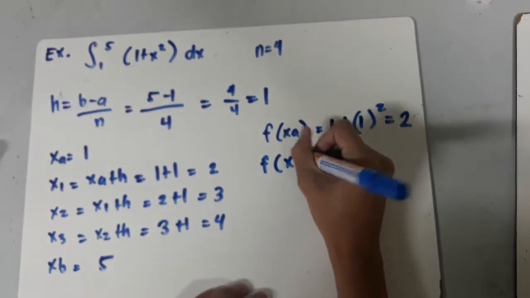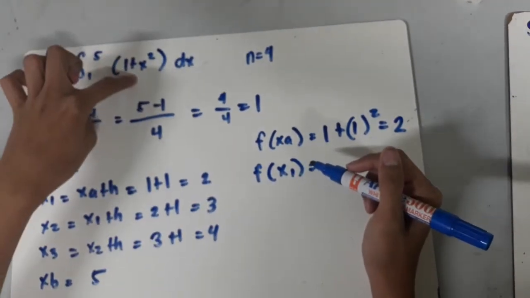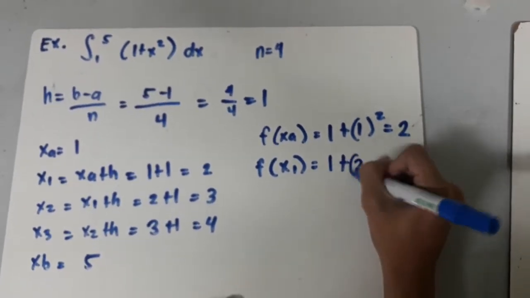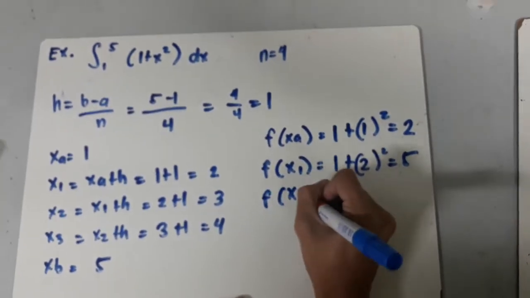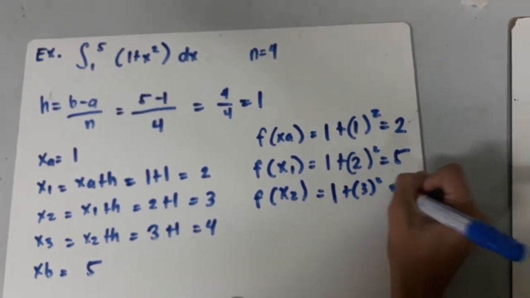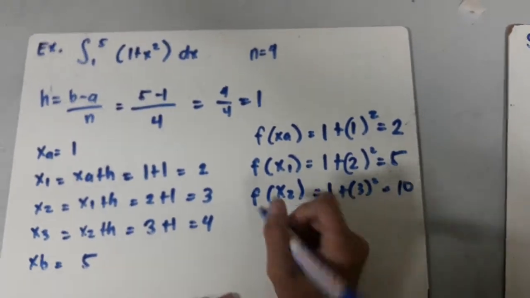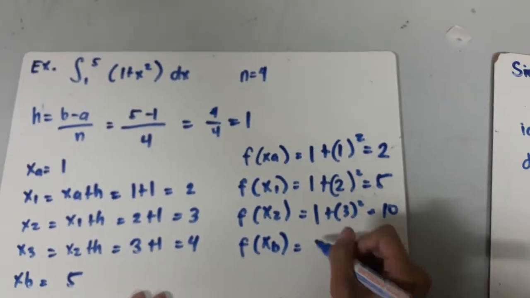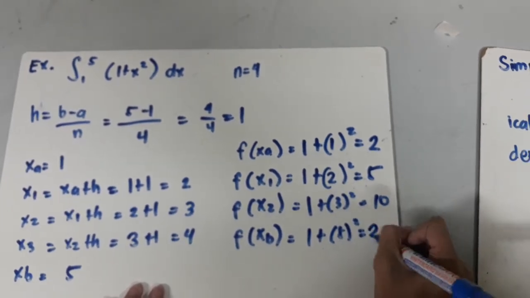For x sub 1, let's substitute the value 2 into the given equation, which is 1 plus 2 squared, equals 5. Then f of x sub 2 is 1 plus 3 squared, which is equal to 10, because 9 plus 1 is equal to 10. And for f of x sub b, which is 5, 1 plus 5 squared is 25, plus 1, is equal to 26.